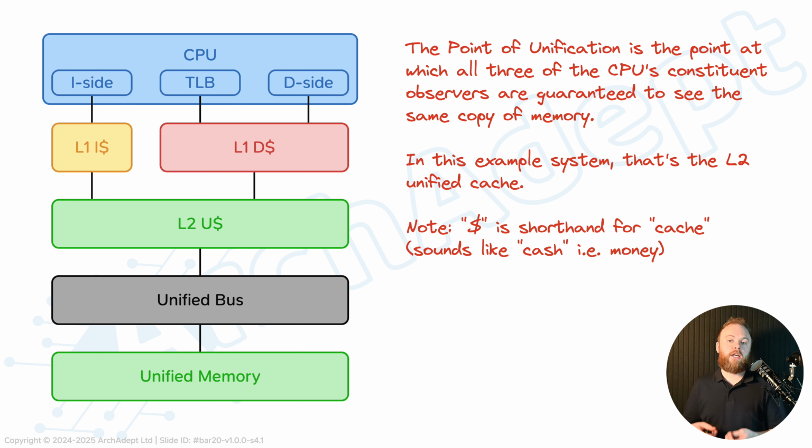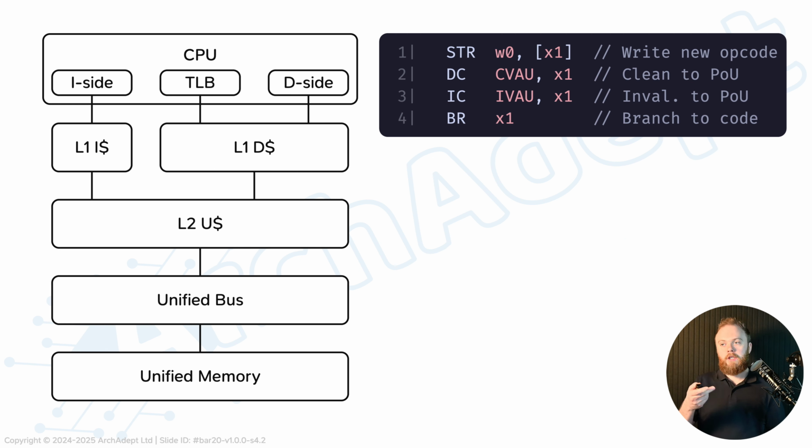So the D side and the TLB side are effectively always unified there. However, in this particular example you see on screen, it's not until the L2 unified cache that all three of the D side, TLB side, and I side are unified in seeing the same copy of memory. With that in mind, let's now step through our code sequence.